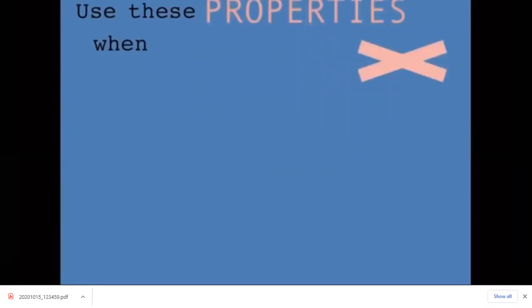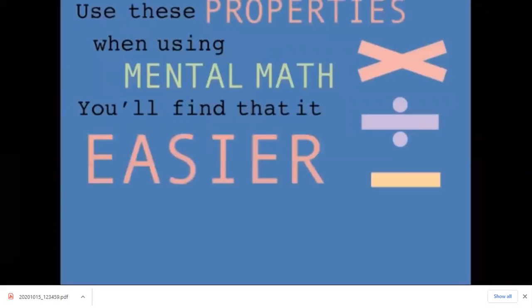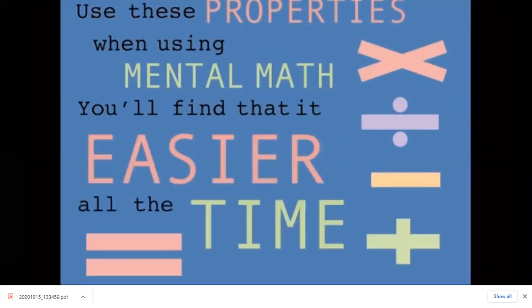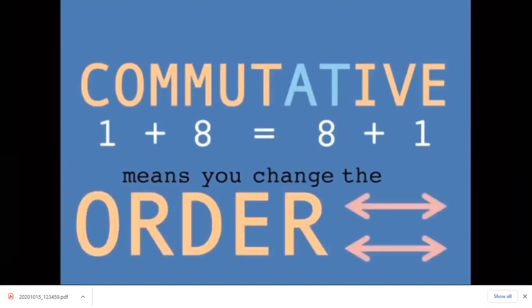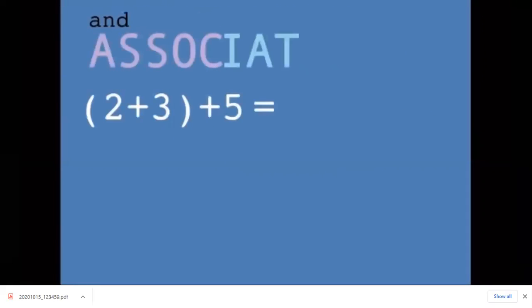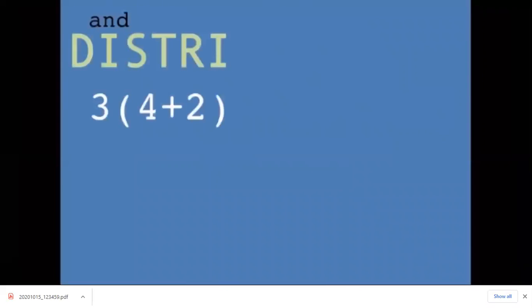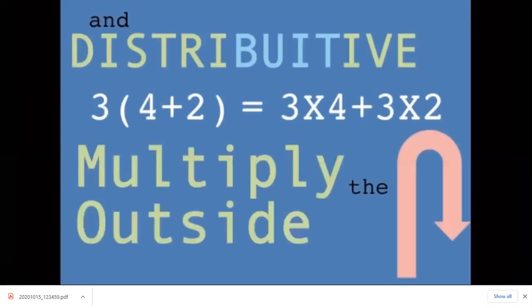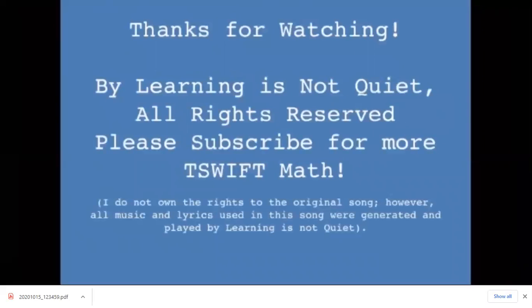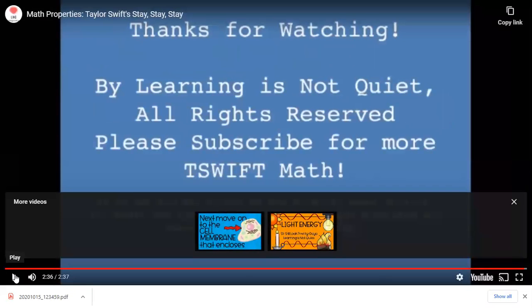Use these properties when doing mental math. You'll find that it is easier all the time.